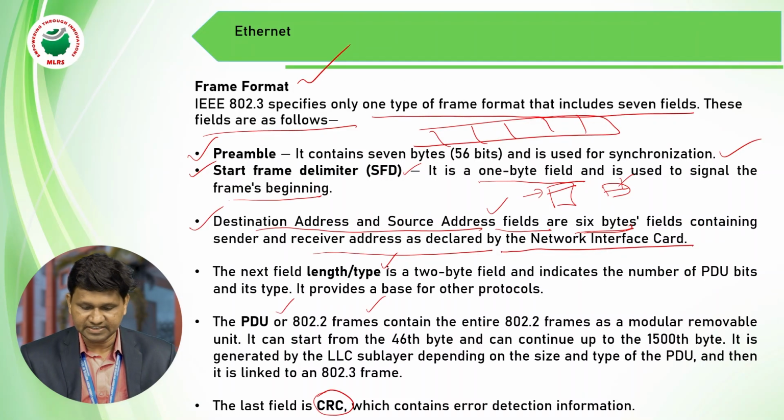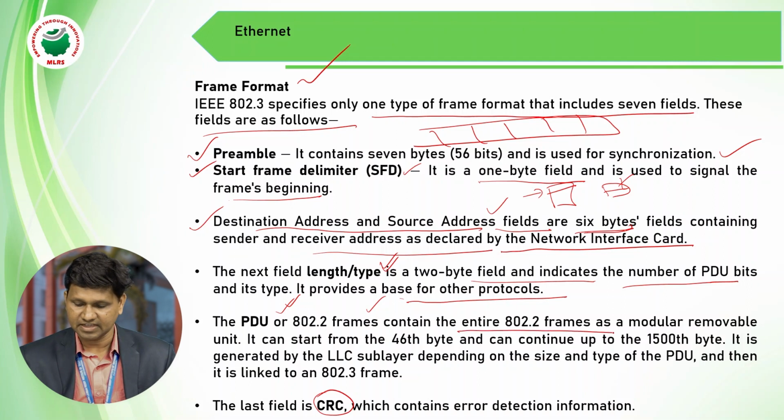Now the next field, length type. Length type is a 2 byte field and indicates the number of PDU, and its type. It provides a base for other protocols. The PDU and 802 frames contain the entire frames as a modular removable unit. It can start from the 46th byte and can continue up to the 1500th byte.